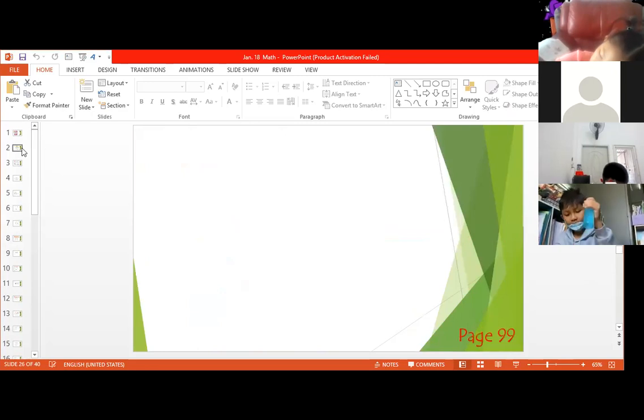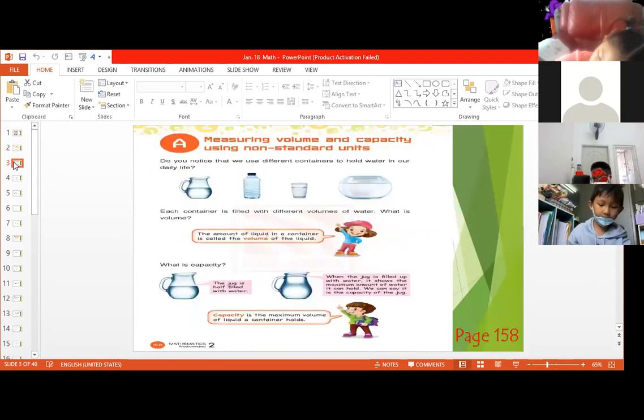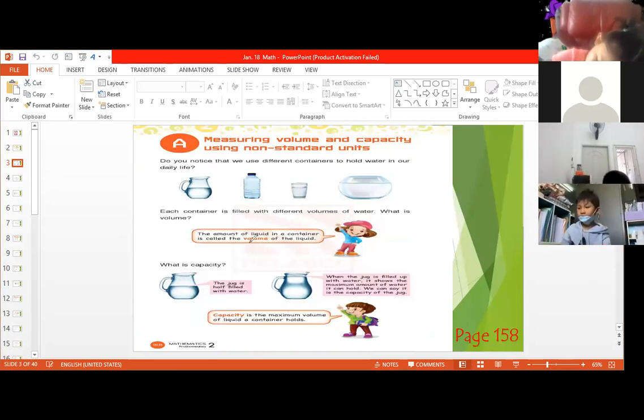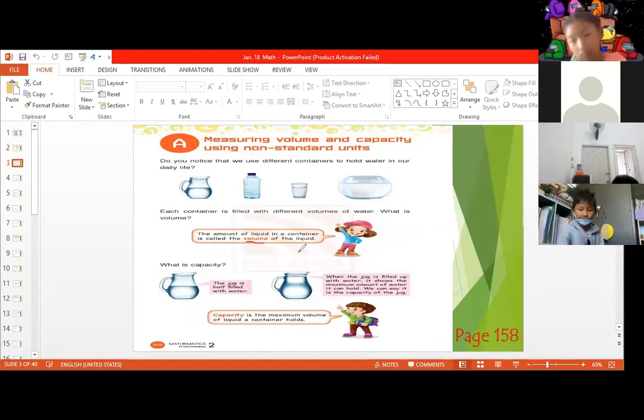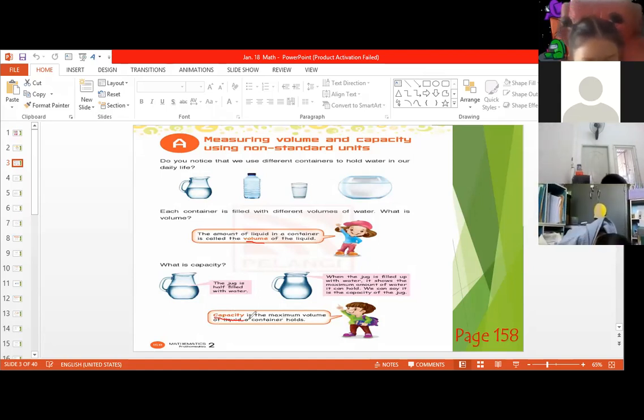Okay, so here we have the volume and the capacity. Volume is the amount of liquid in a container. That is all about volume, the amount of liquid inside the container. But what is capacity? Capacity is the maximum volume of liquid a container can hold.